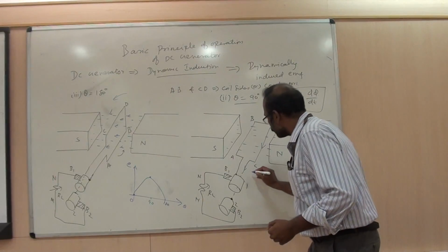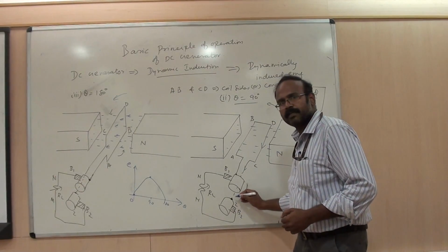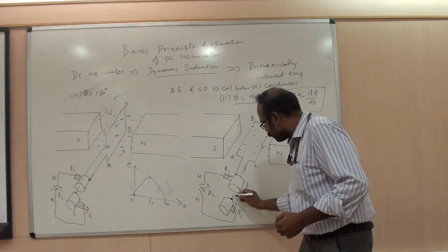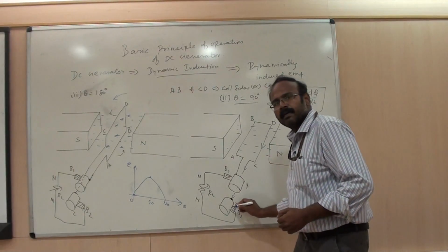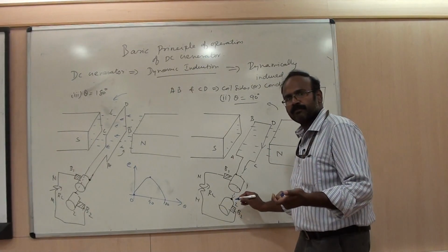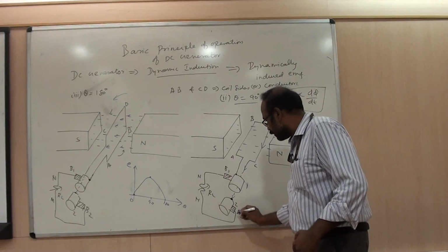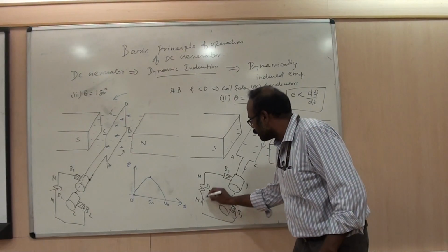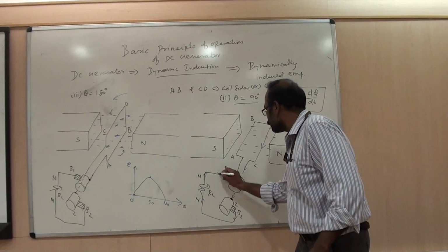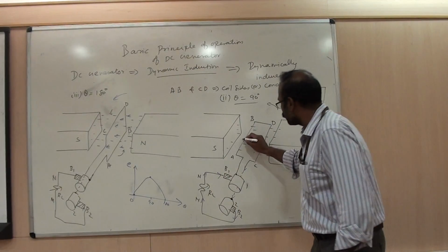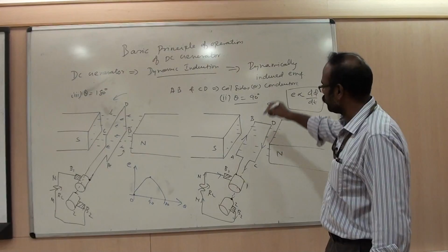Since CD is connected to slip ring 2, the current comes out via slip ring 2, and as the important function of the brush is to collect the current, it will collect this current and pass it like this. In the AB conductor, the current will flow like this.